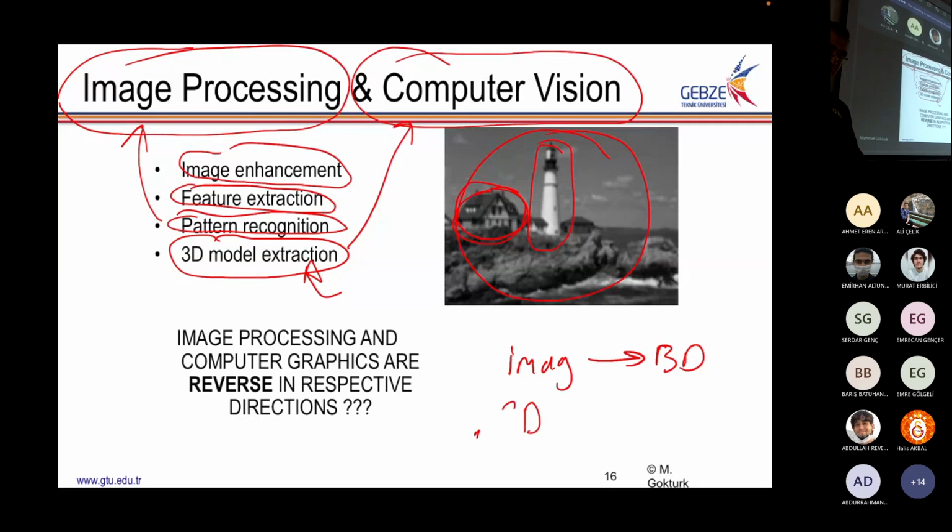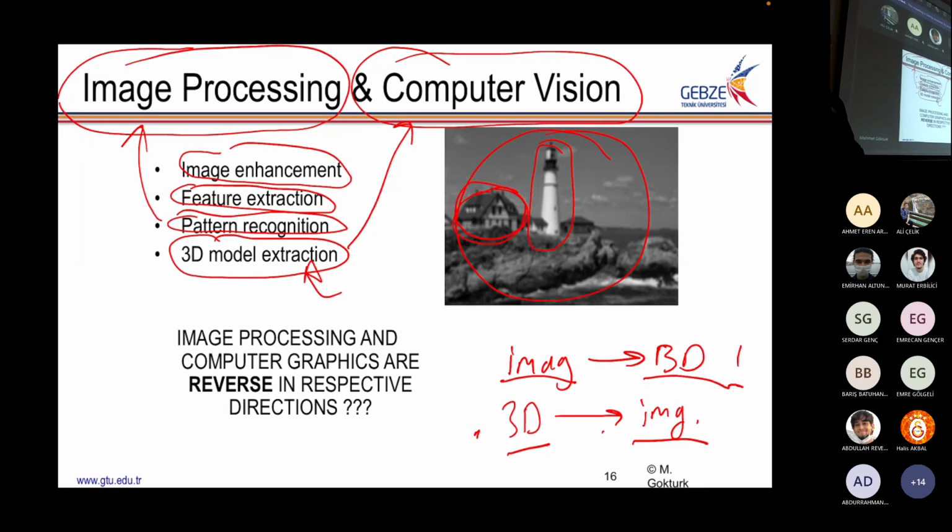But when you have a three-dimensional model and you want to create an image, this is computer graphics. So they are in different directions. They are usually related, but work in different directions. You have a model, you want to go to an image. You have an image, and you want to go to a model.